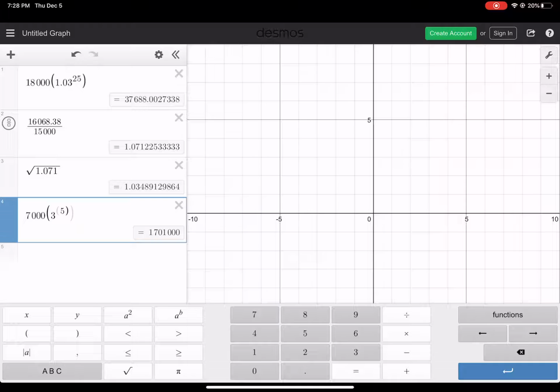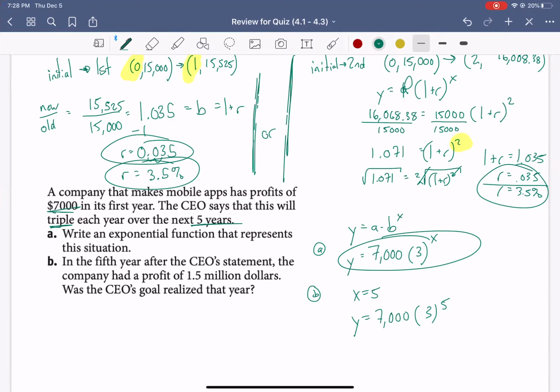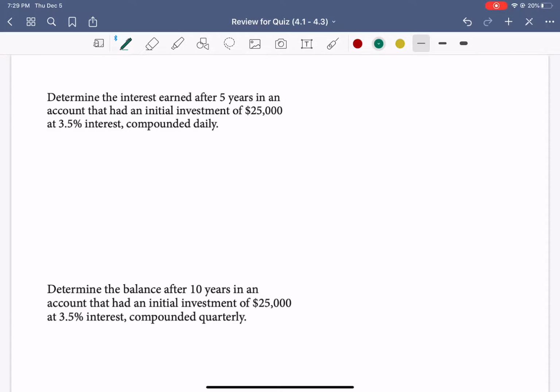And we get 1,701,000, which is greater than 1.5 million. So yes, the goal was met. All right. So that was 4.1.